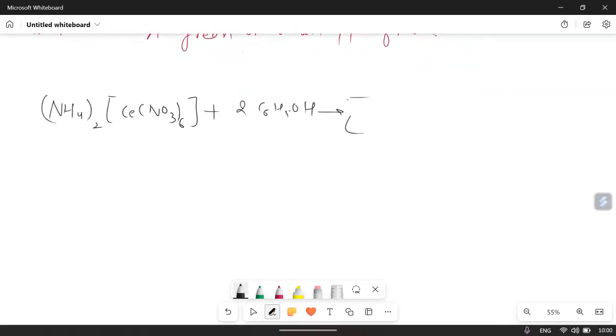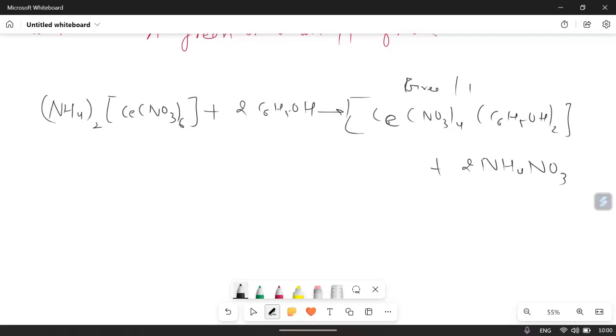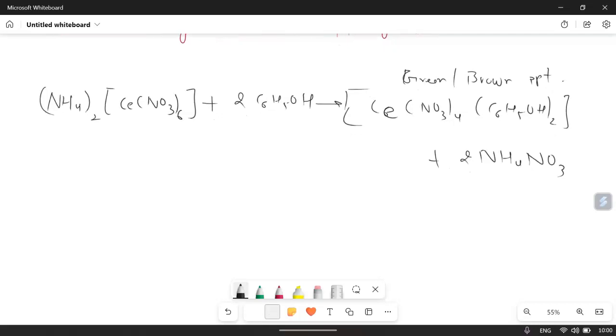For example, Ce(NO3)4 (C6H5OH)2 plus 2 moles of NH4NO3, and this is the green or brown precipitate. So these are all the chemical reactions.